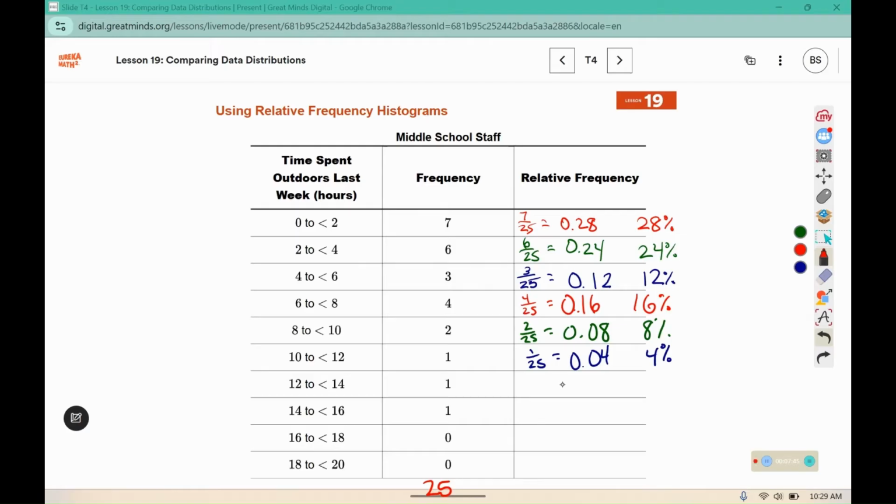These are the same. And we have 0 out of 25 is 0 or 0%. And again, 0 or 0%.